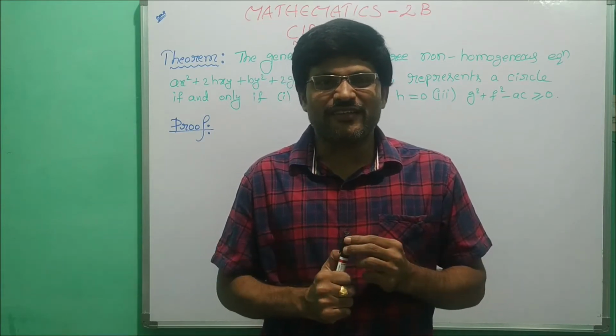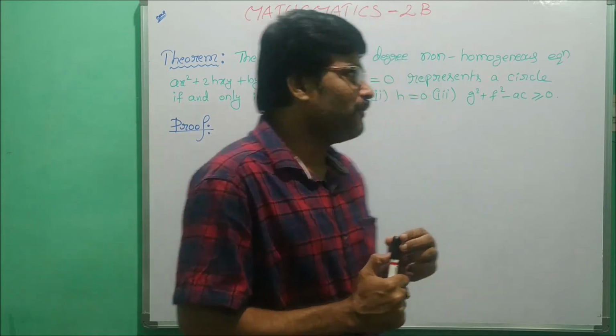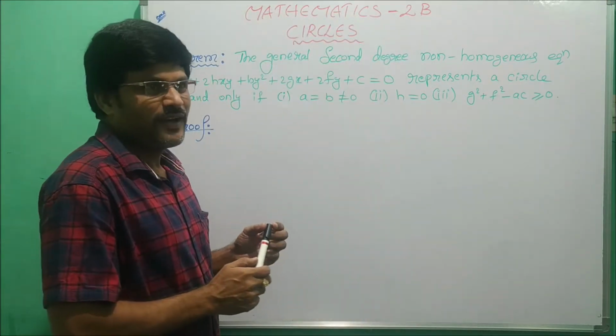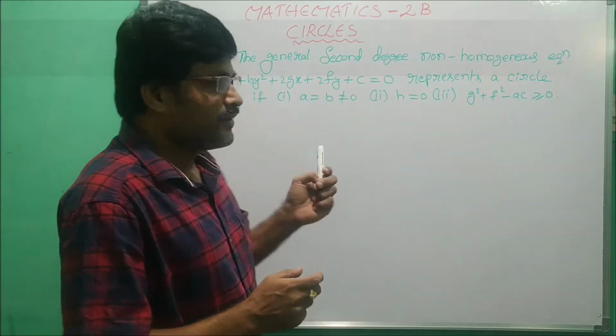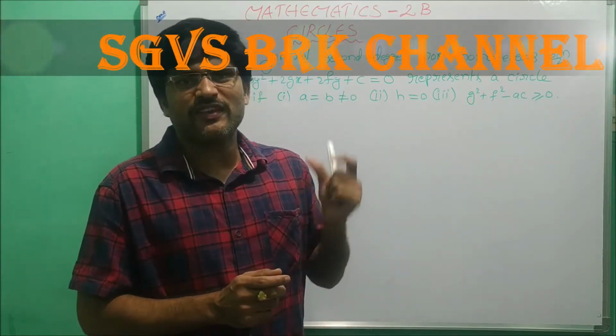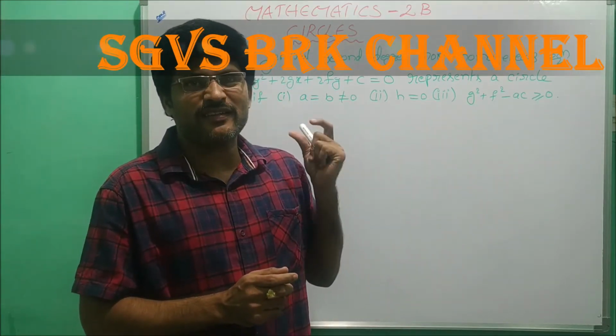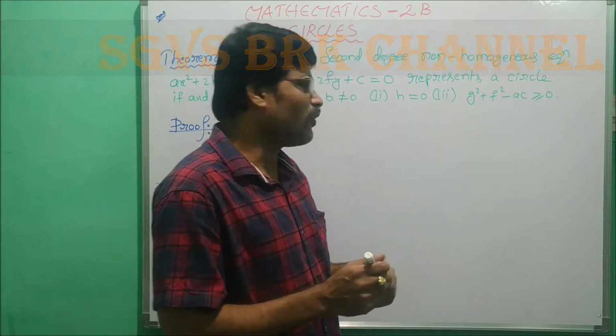Today we discuss one of the important theorems in the topic circles. Already we discussed the basic standard form of the circle, that is (x minus h) whole square plus (y minus k) whole square equals r square.